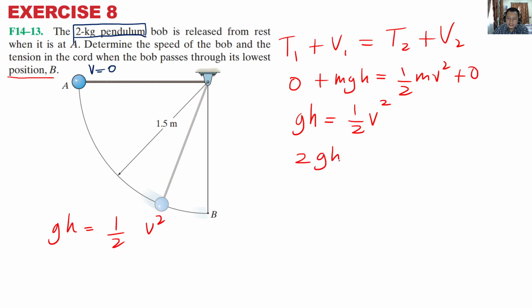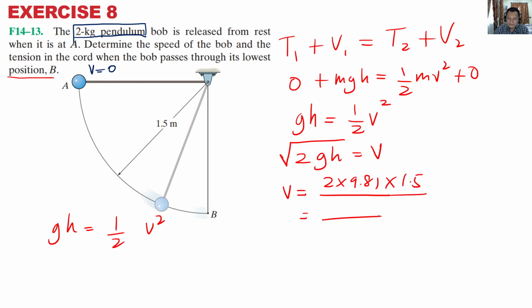2gh, square root, equals to v. V becomes 2 times 9.81 times height 1.5 meter, which is 29.43.